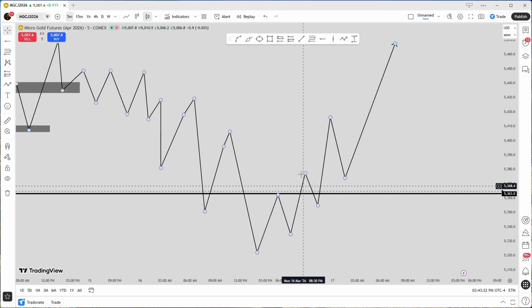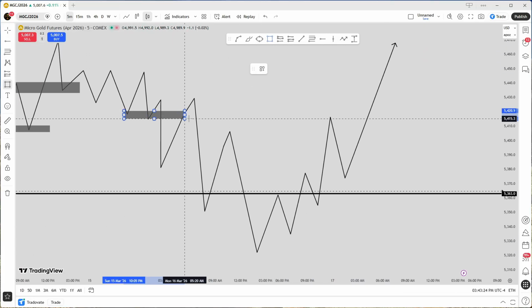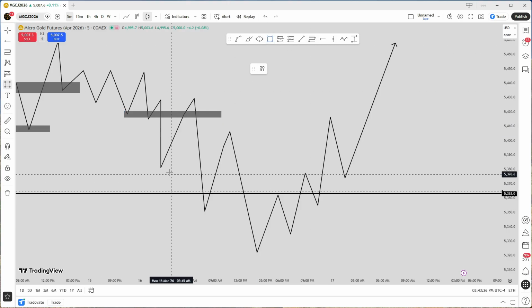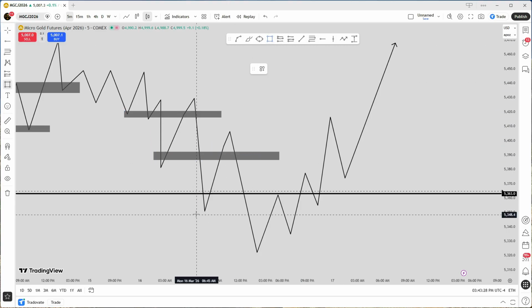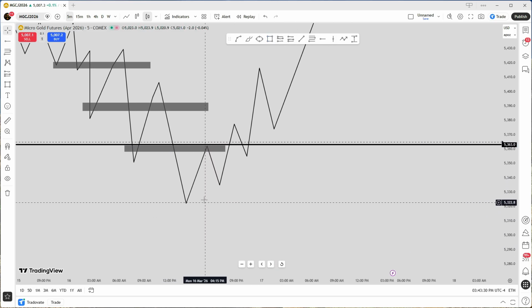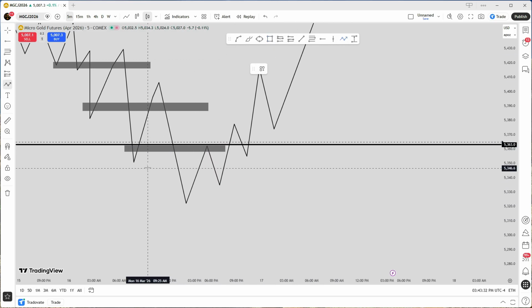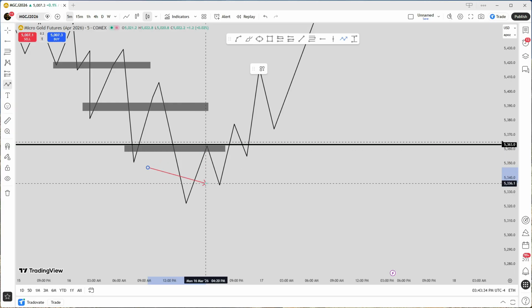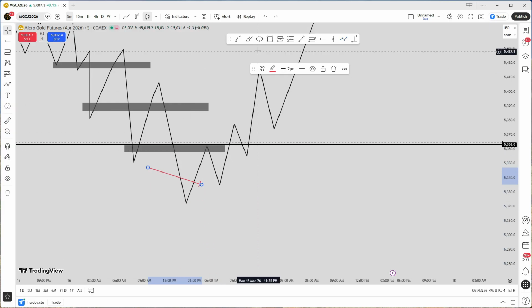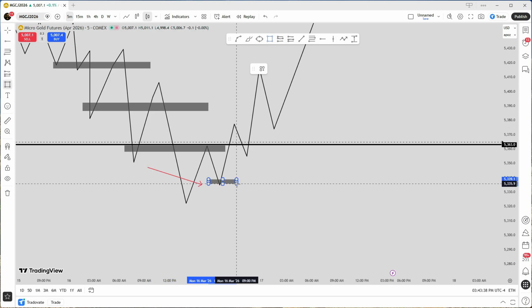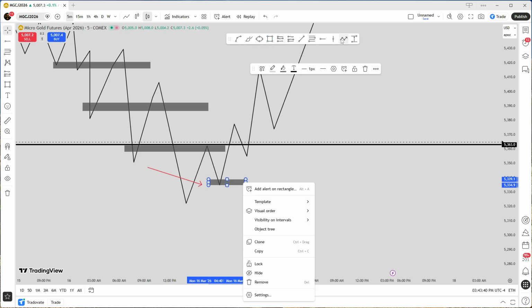Right? So price has been creating a downtrend here, downtrend here, downtrend here, until this is a lower high. Price failed to create a lower low, so this is the first sign. And then you wouldn't enter yet.